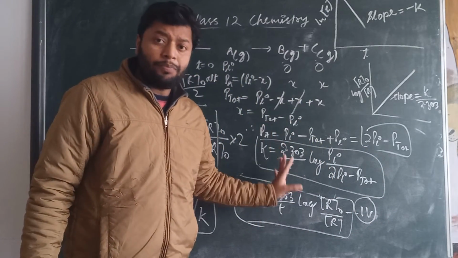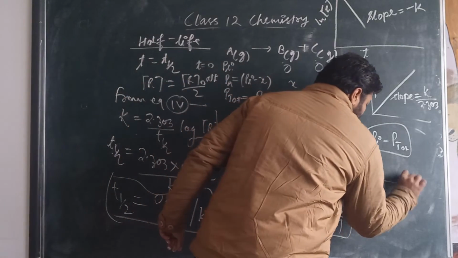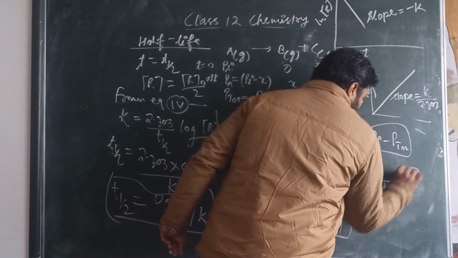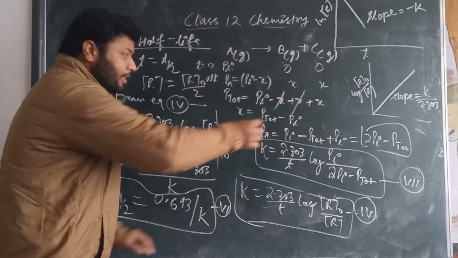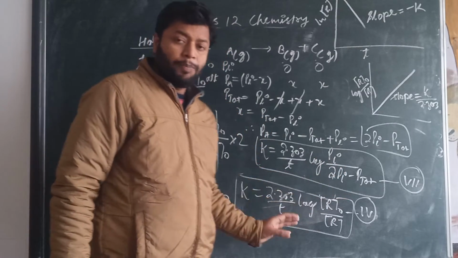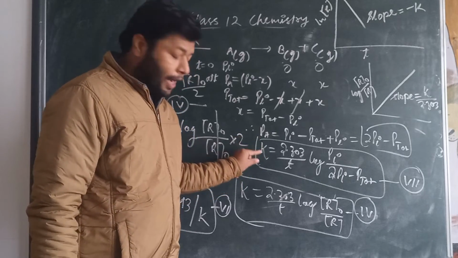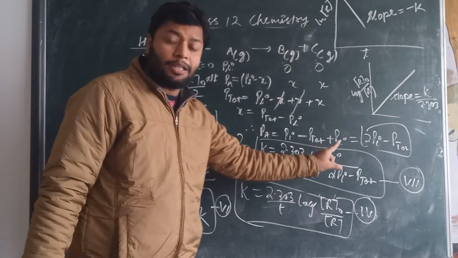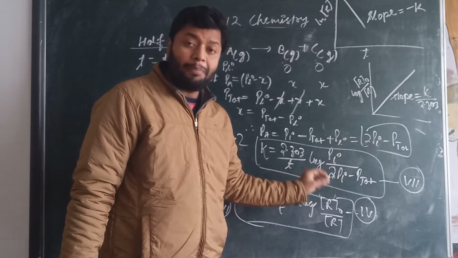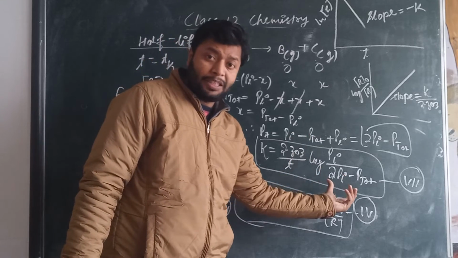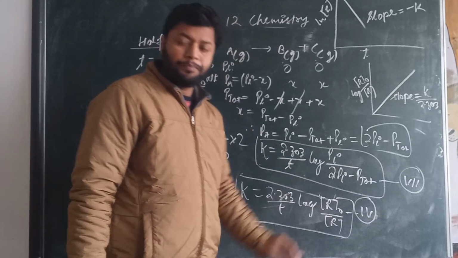This is the general formula, equation number 7, because the previous formula was equation number 6. In equation 7, you can see that the formula of K is based on the initial pressure and the final pressure of the reactants, but the final pressure of the reactants is equal to 2Pi minus P total.